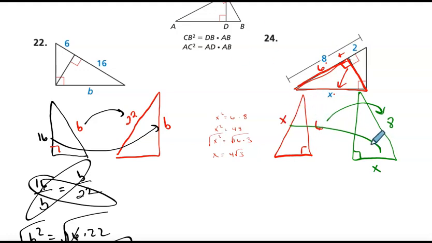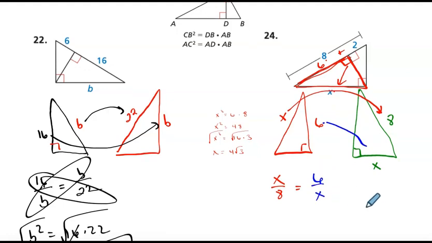So I have the hypotenuse over the hypotenuse. So x over 8 equals the leg over the leg, which is 6 over x.